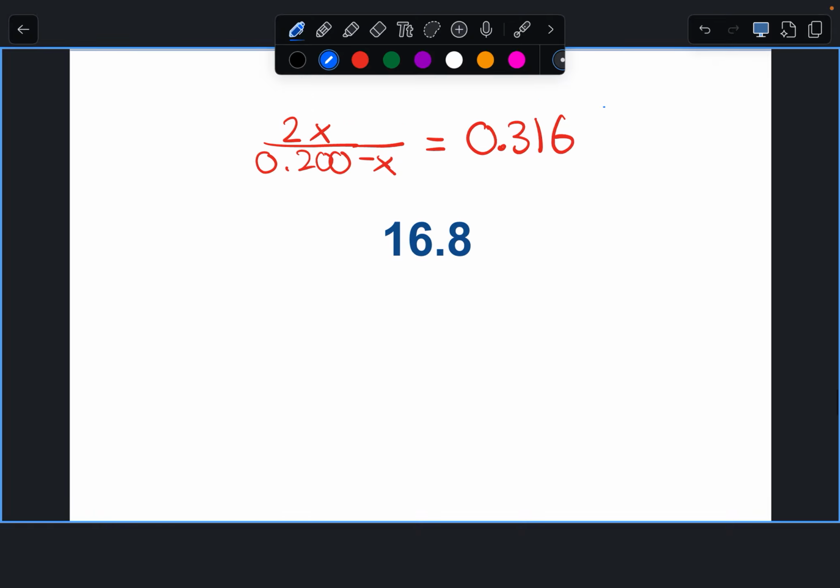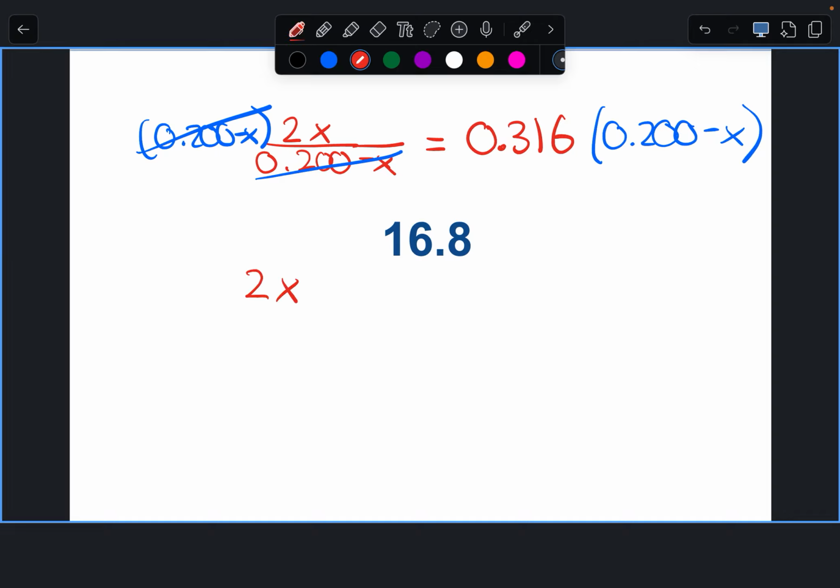Okay, so I'm going to multiply both sides by 0.2 minus x to get that to cancel. And I'm left with 2x equals, what is that, 0.0632, right? Minus 0.2, yeah, minus.